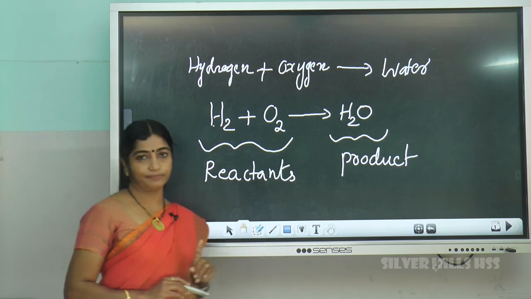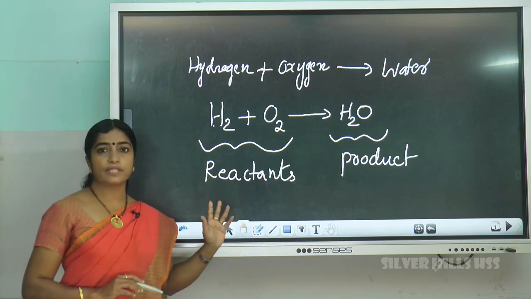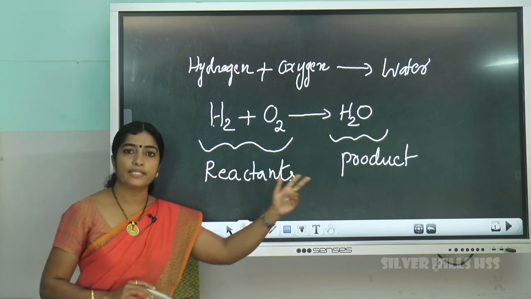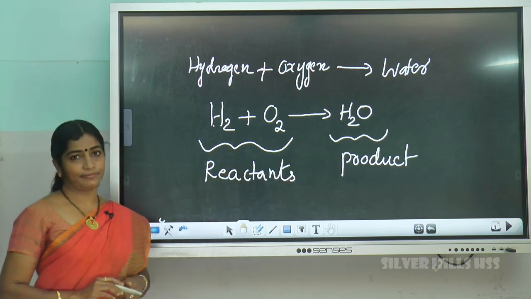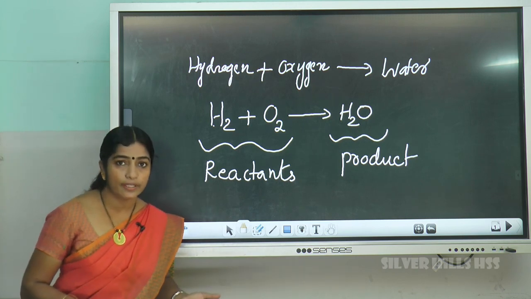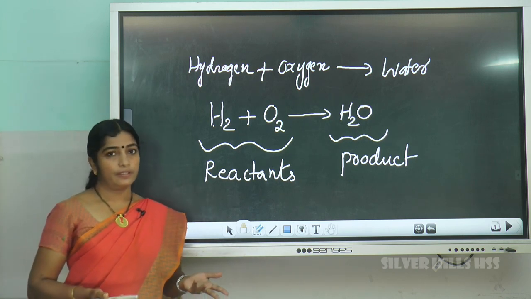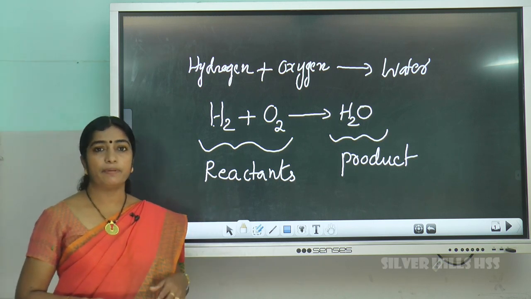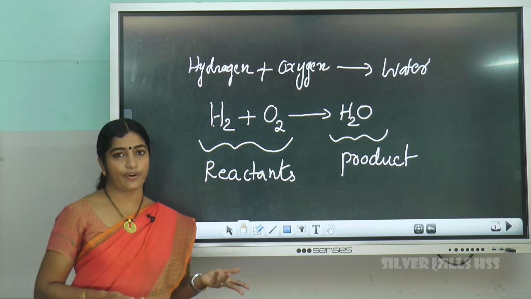Only 1. The number of oxygen atoms is not equal. On the reactant side 2 oxygen atoms are there and on the product side only 1 oxygen atom. What happened to 1 oxygen atom? Is it destroyed? No. We know that during a chemical reaction, atoms can be neither created nor destroyed.